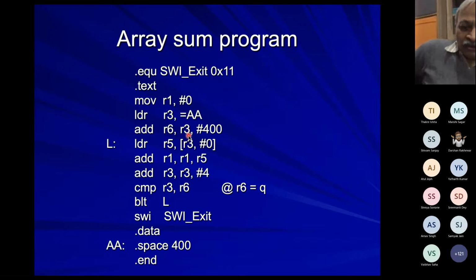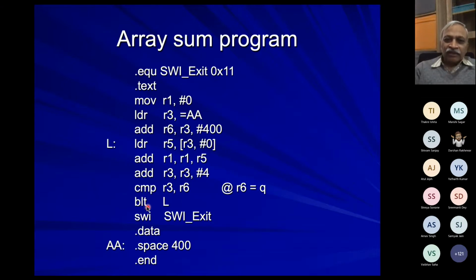Okay, so it is actually, we have the elements A0 to AN minus 1, and this address we have calculated is the first address after the last element of the array. Our check here is BLT, branch if less than.